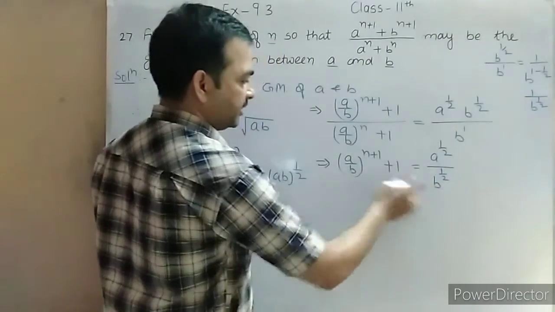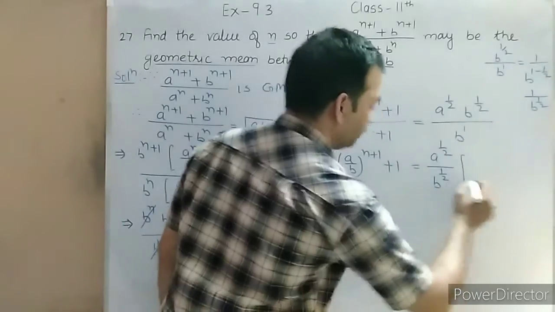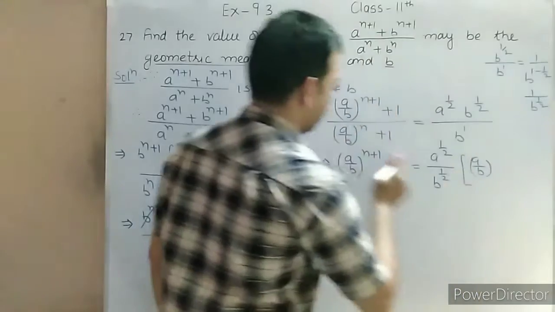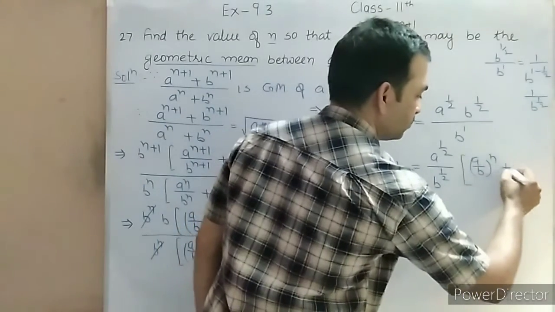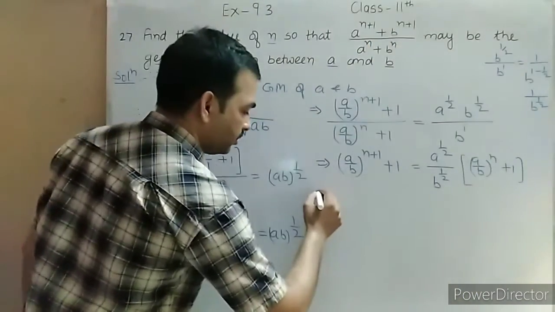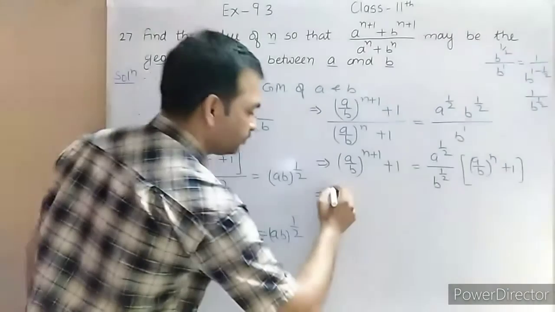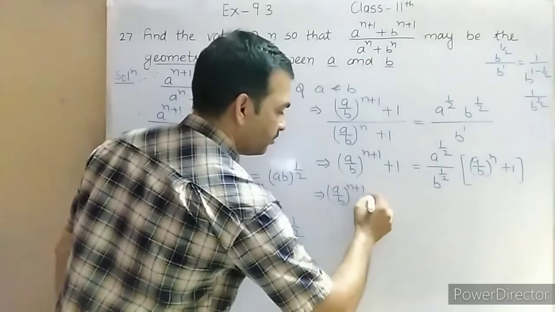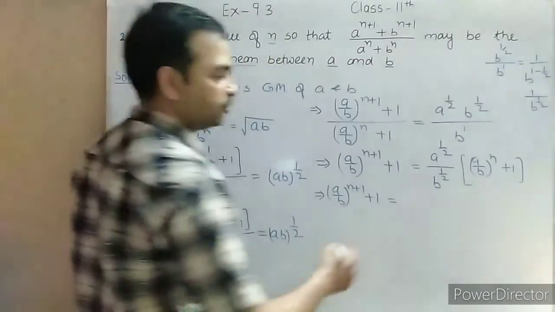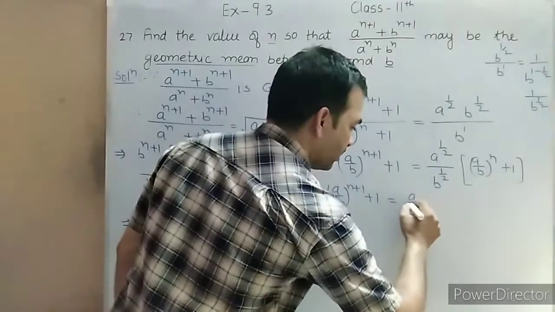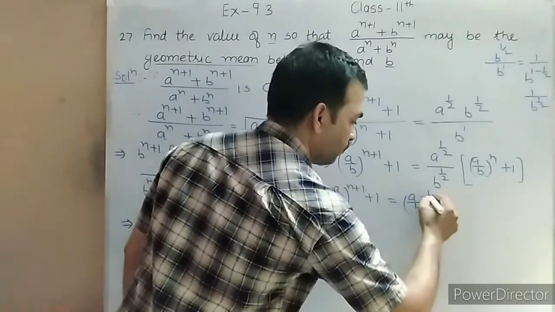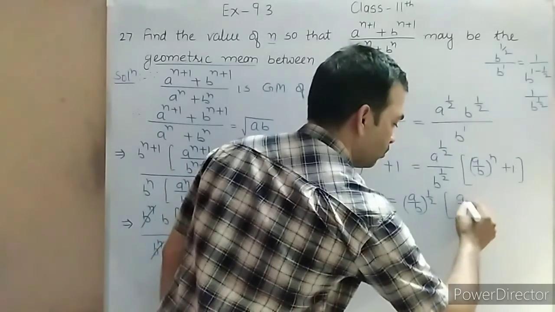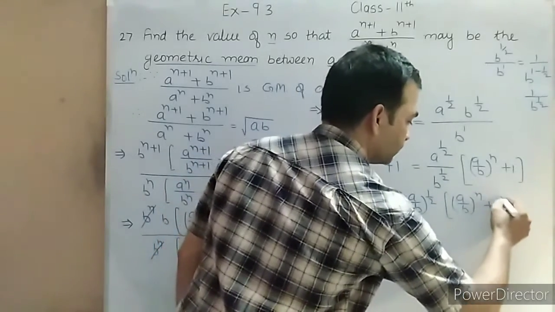So I can write it like this, and multiply by (a/b)^n. This again implies (a/b)^(n+1) plus 1 is equal to (a/b)^(1/2) and this is (a/b)^(n+1).